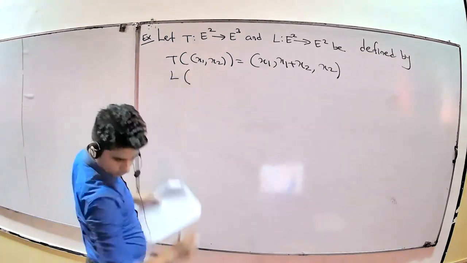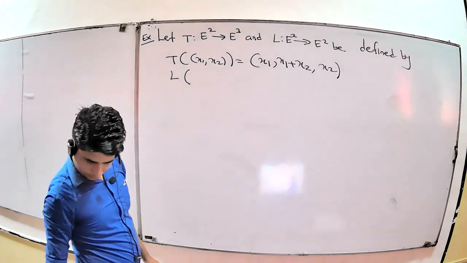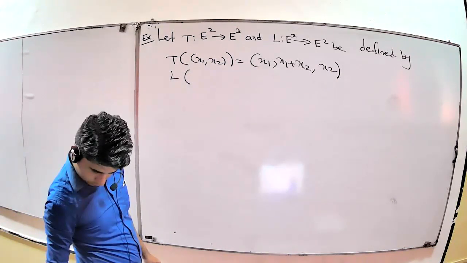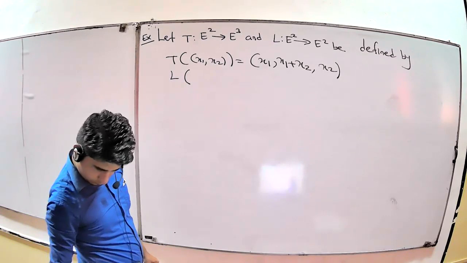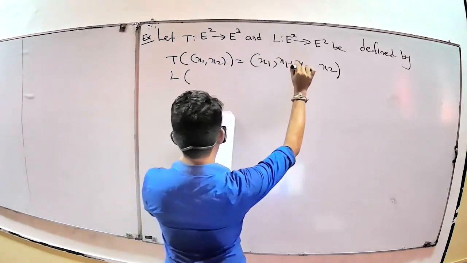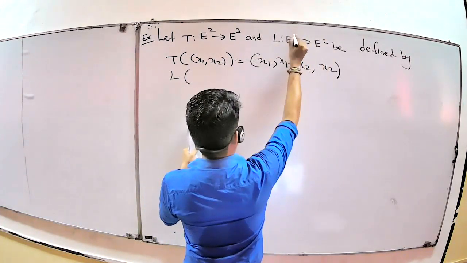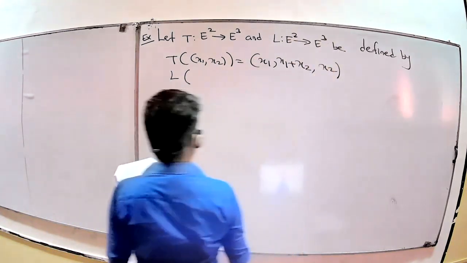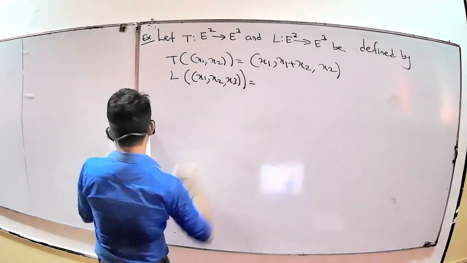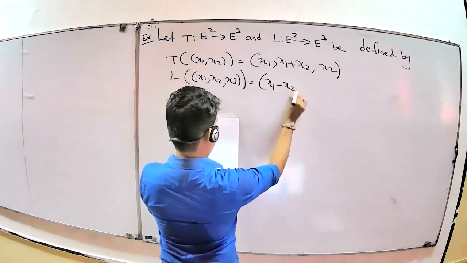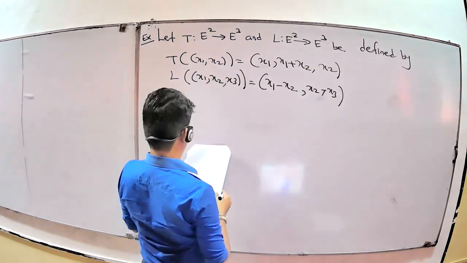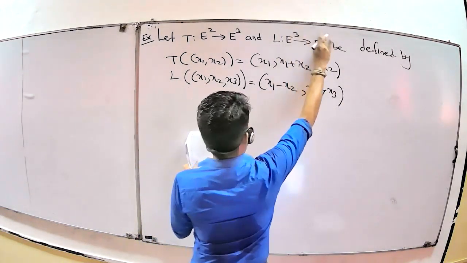And L is a mapping from E cubed to E squared, defined by L of x1, x2, x3 equal to x1 minus x2, x2 minus x3. Is it okay? Right.